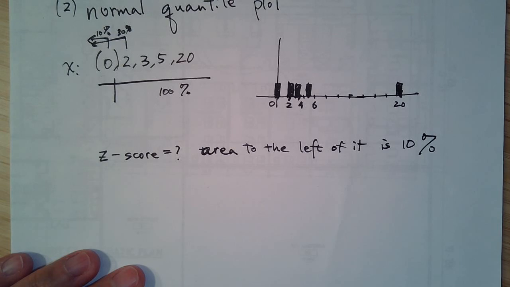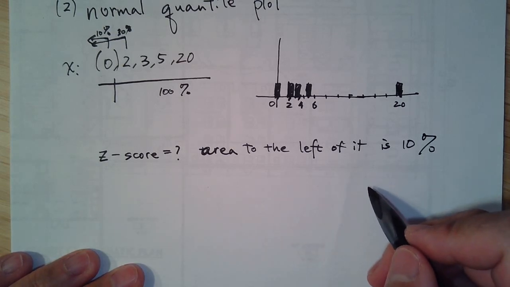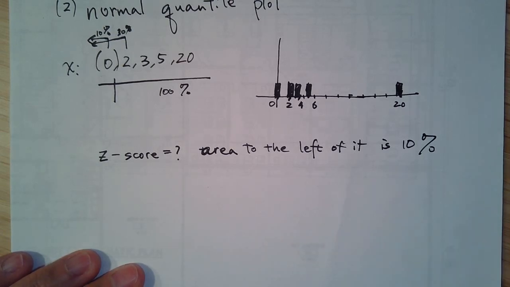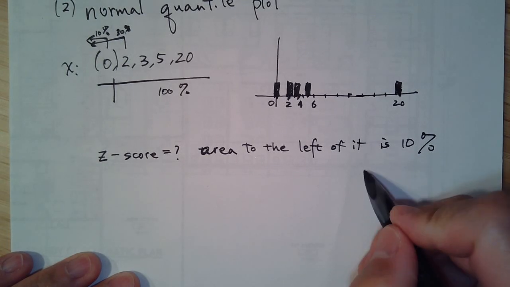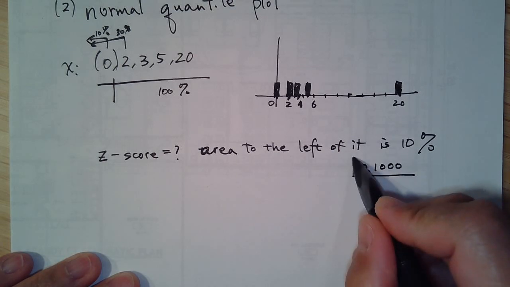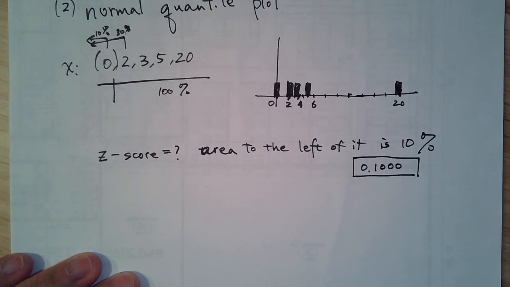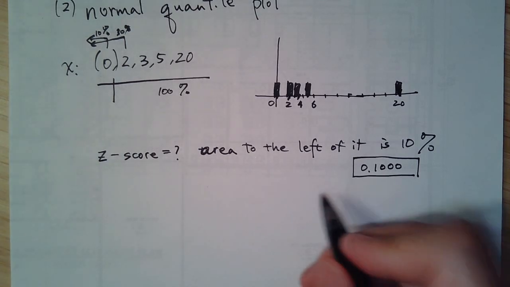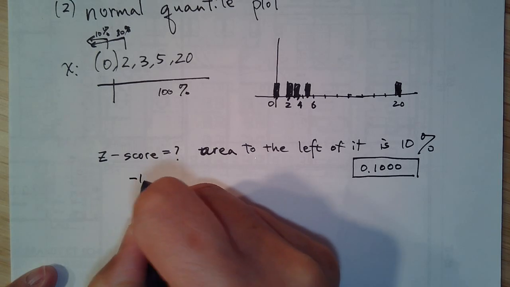If you look at the negative z-score table, you should be able to find the probability very, very close to 0.1, because that's 10%. I don't have the table right in front of me, but I got that the z-score is negative 1.28.